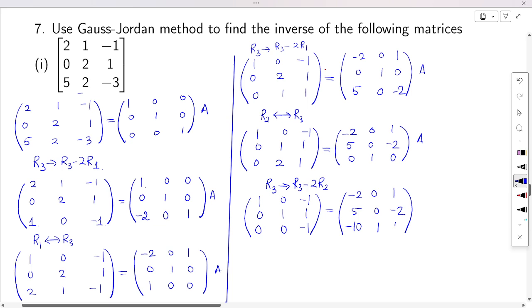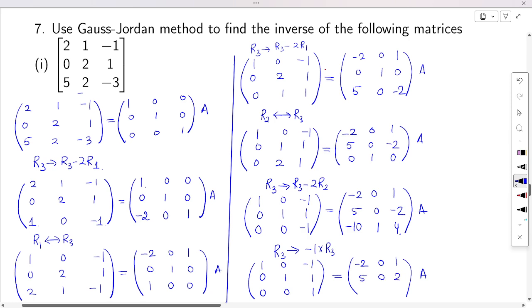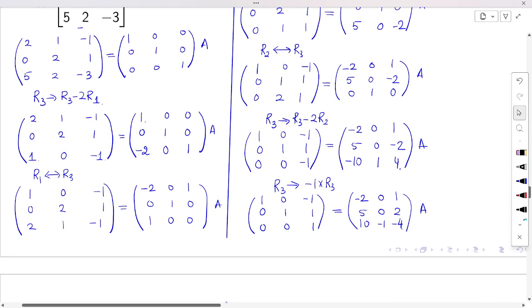Then this is 4. Now multiply the row 3 by minus 1. We get 1, 0, minus 1, 0, 1, 1, 0, 0, 1 is equal to minus 2, 0, 1, 5, 0, 2, 10, minus 1 and minus 4.